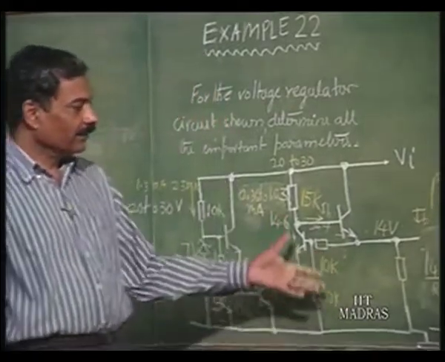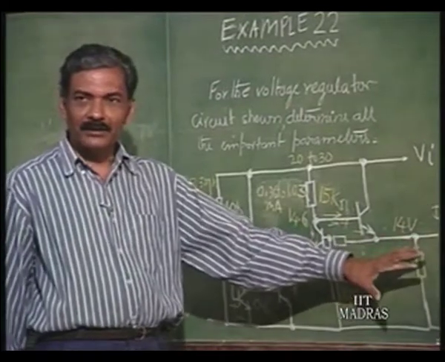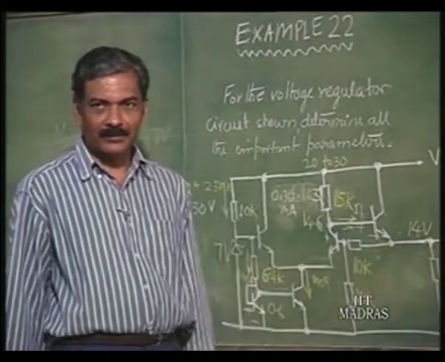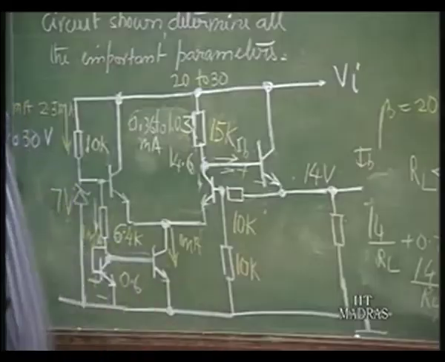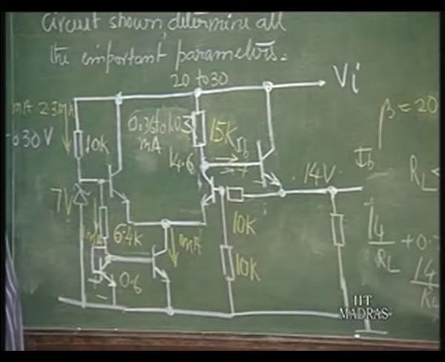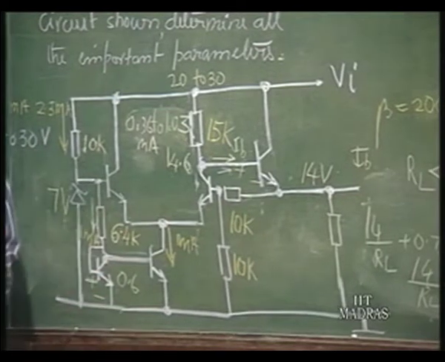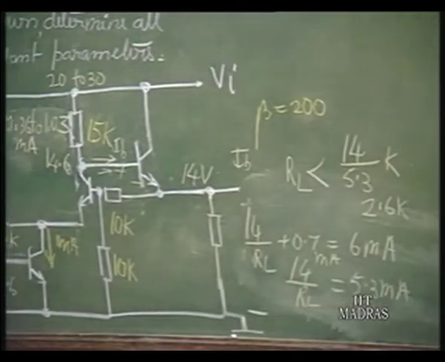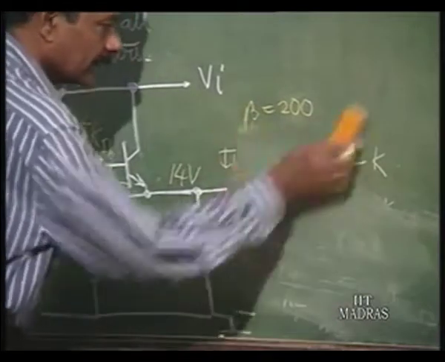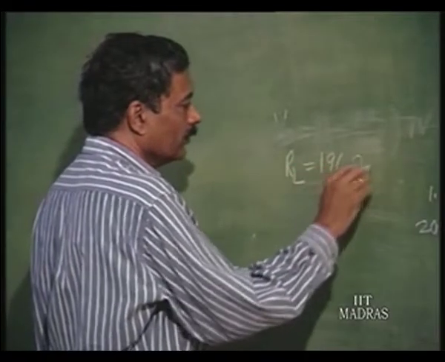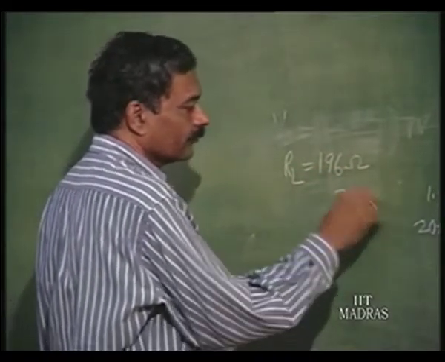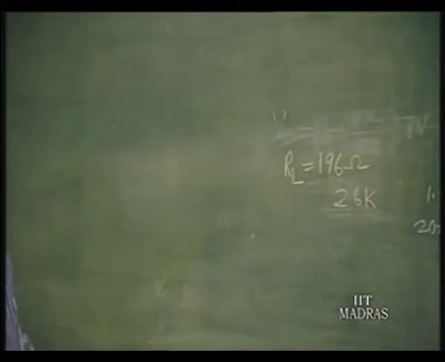So, that we do not have to worry about this lower limit at all, we can keep it open, that is one way of design, or you restrict the load resistance to change from 2.6 K to 196 ohms. Okay. So, load resistance can vary for this particular problem from 196 ohms to 2.6 K before it starts malfunctioning. Okay.